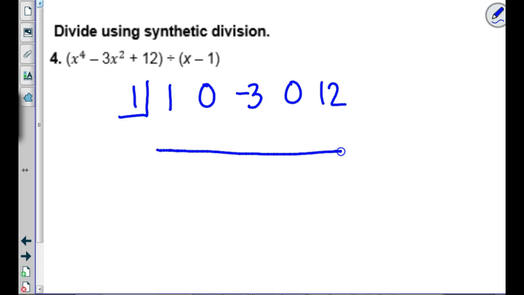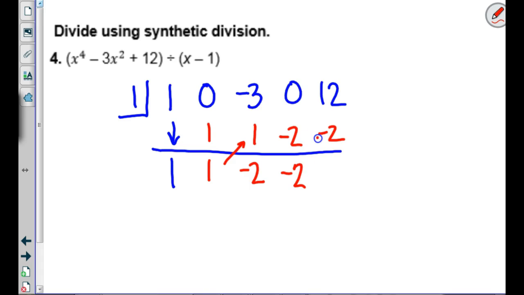All right. This guy just comes down, and then we multiply. Multiply. Add, so it's still -2.